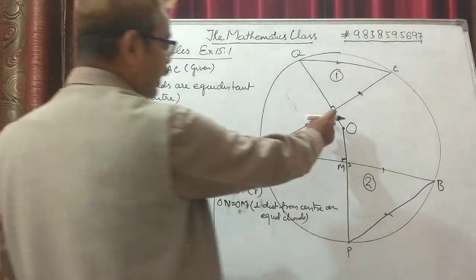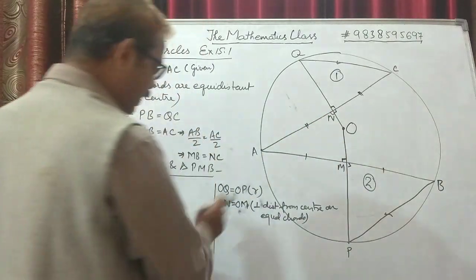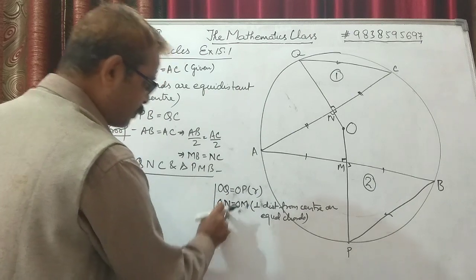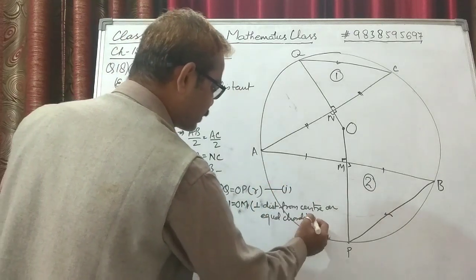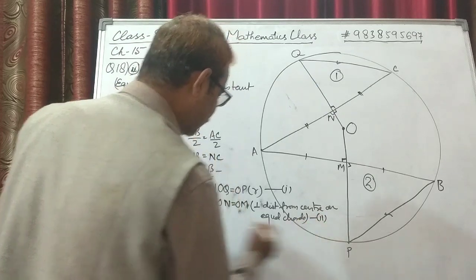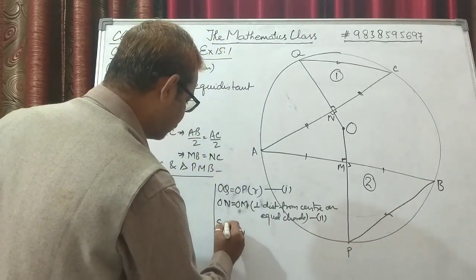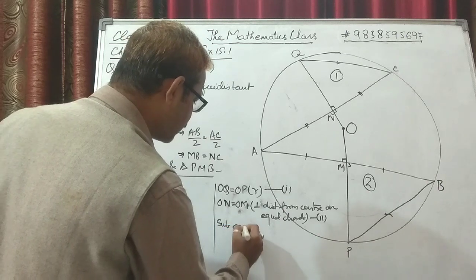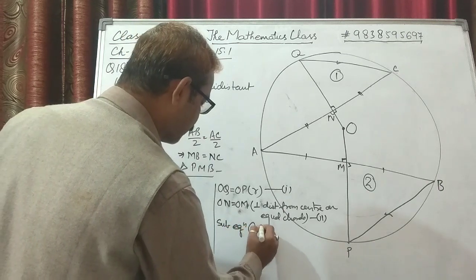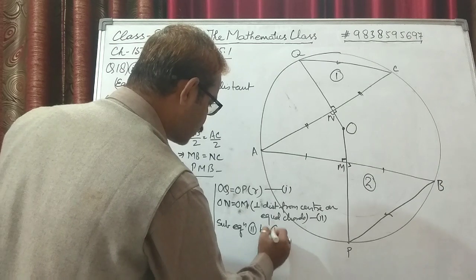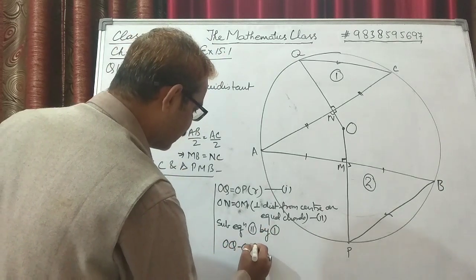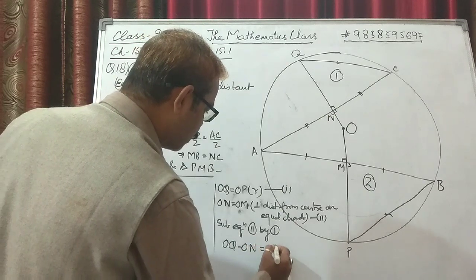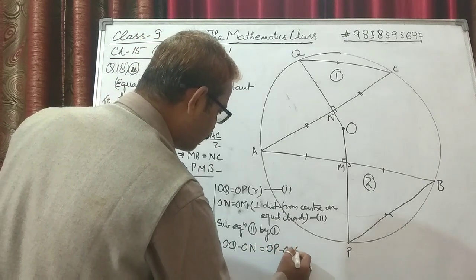Now if ON and OM are equal, let us say this is equation number 1 and let us say this is equation number 2. I am subtracting equation 1 from 2. So what I'll get? OQ minus ON must be equal to OP minus OM.